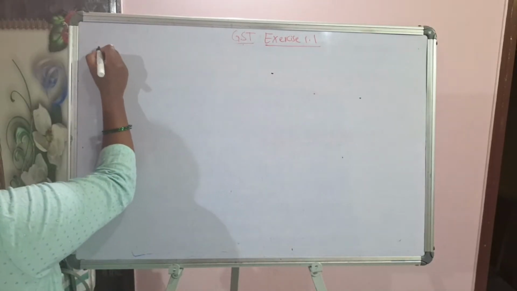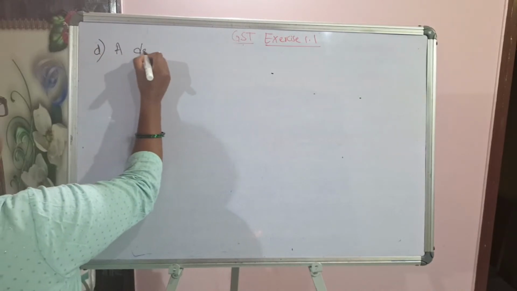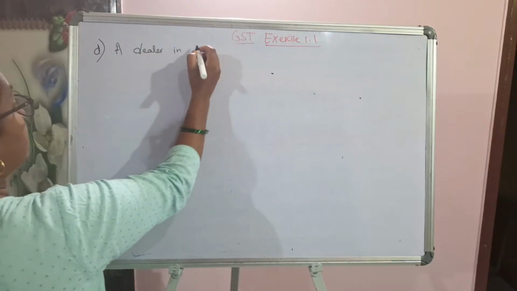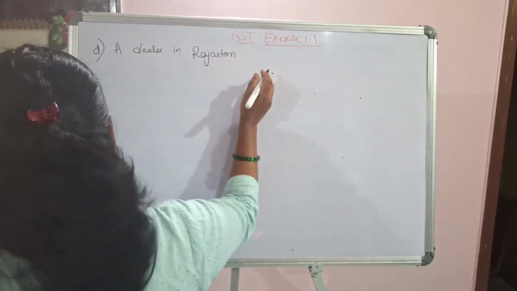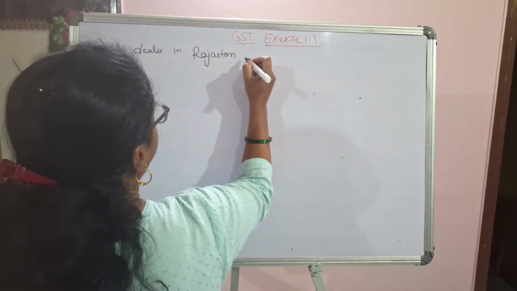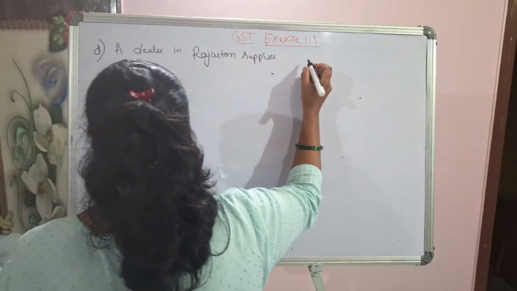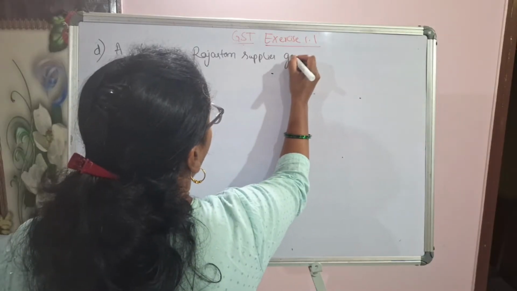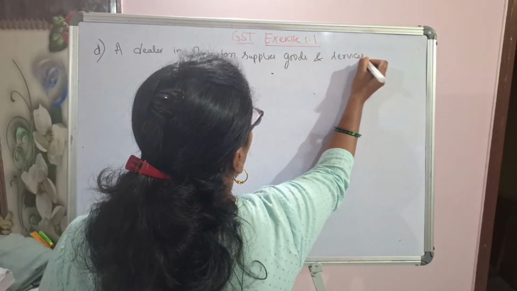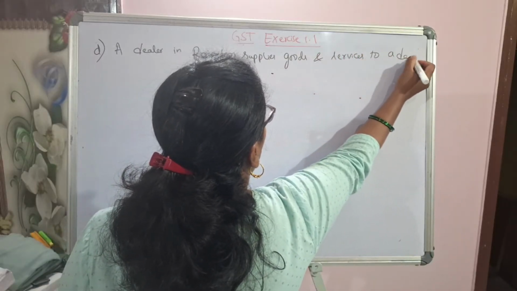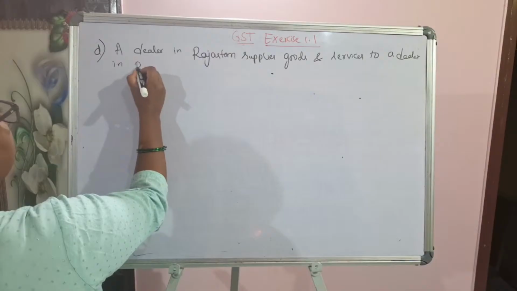The next question is, a dealer in Rajasthan supplies goods and services to a dealer in Punjab.